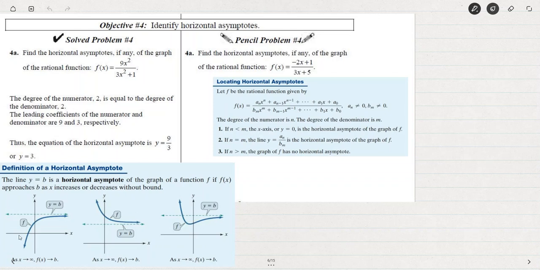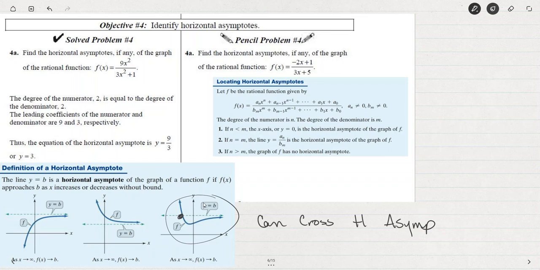So it's approaching it, but notice over here, this last example, it is possible for the graph of a function to cross a horizontal asymptote. Now a vertical asymptote is different. You cannot even cross the vertical asymptote, but the horizontal asymptote, it is okay to cross. You will sometimes have a graph that crosses that.